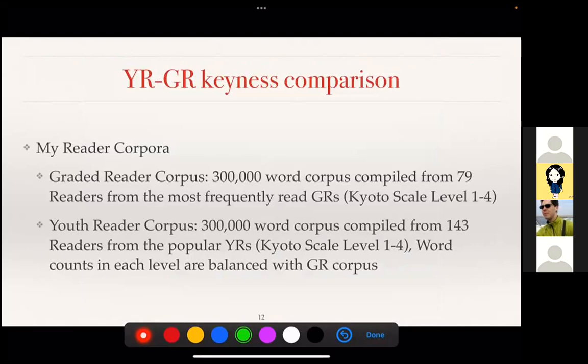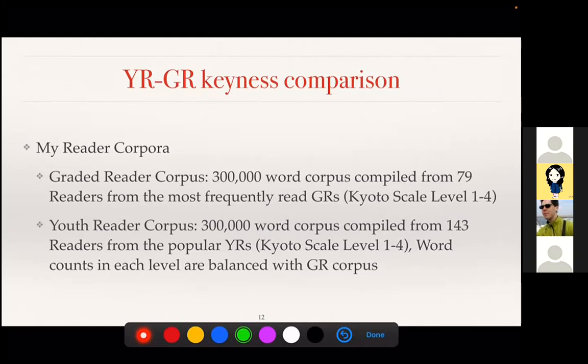And here I show an example of a graded reader and young reader keyness comparison from my reader corpora research. I thought it might show the graded reader's characteristics better by comparing it with a youth reader of the same level than just comparing it with the general American corpus, because we already know it's so different.